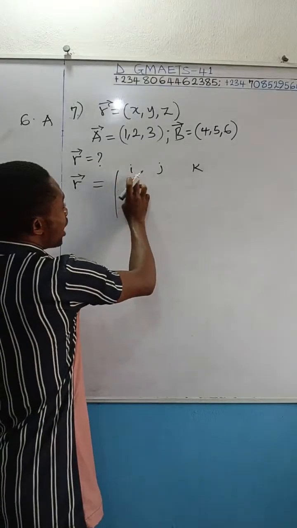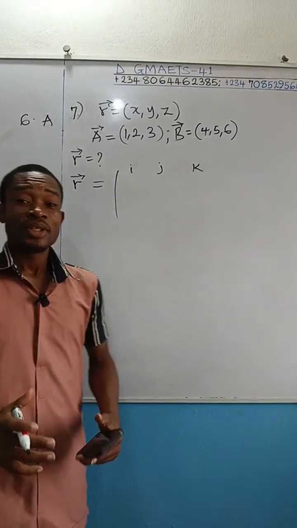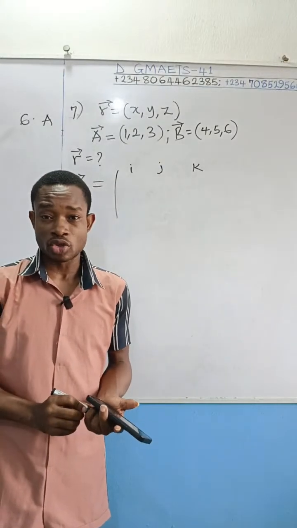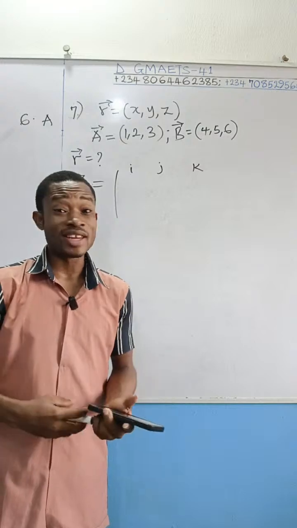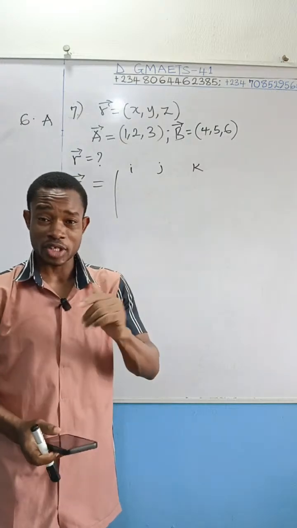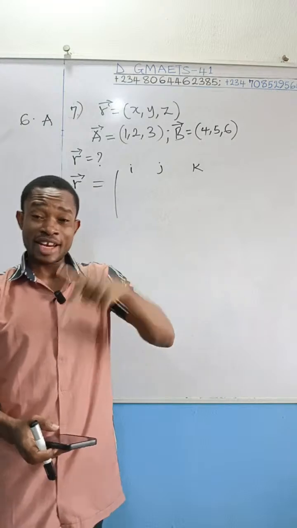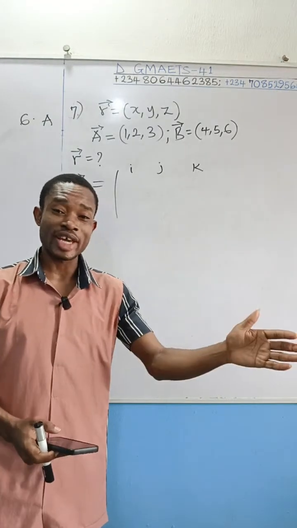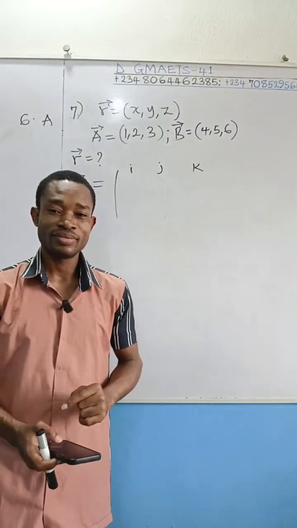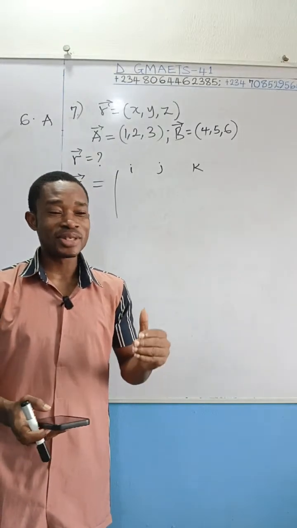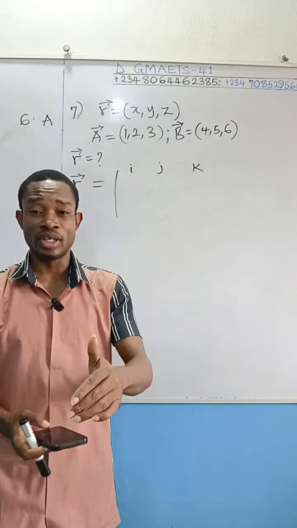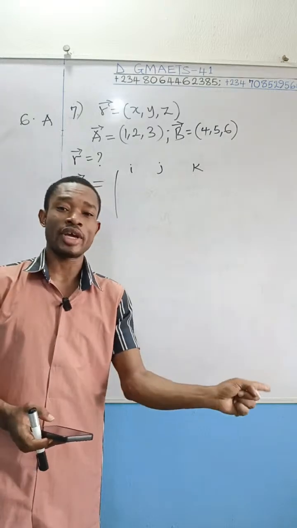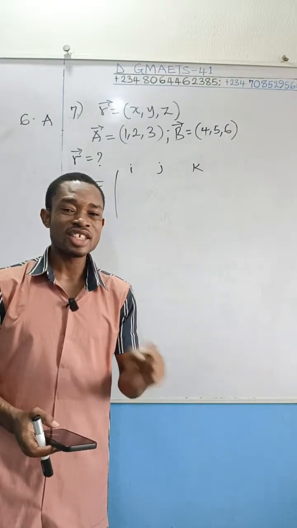Once you extract your ijk, now, we were not told the order in which to do the cross product. So we are going to define it ourselves following the order in which the question is presented. They gave us A and B. So if we are looking for R, we are going to do vector A cross vector B. I'm saying this because the result you obtain from vector A cross vector B is not exactly the same as the result of vector B cross vector A, because cross product is not commutative.